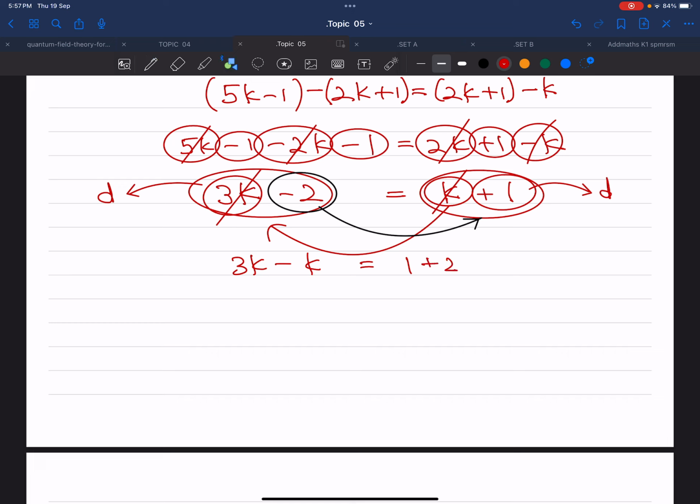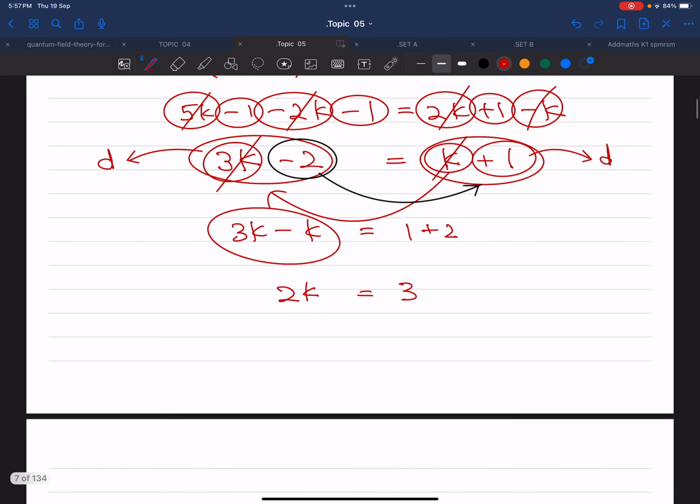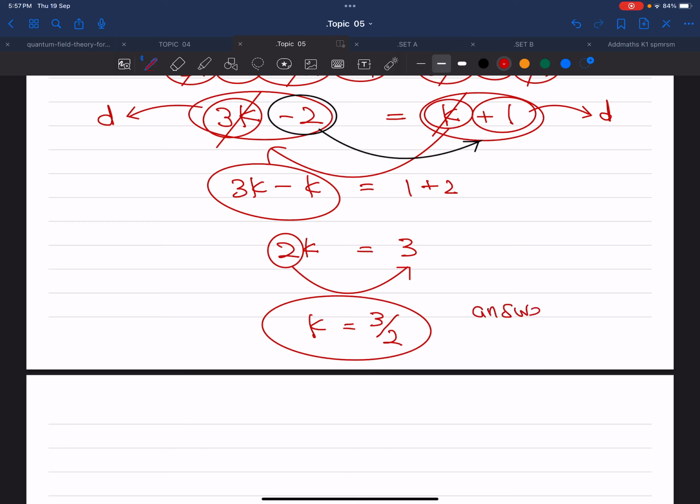Finally, 3K minus K is 2K equals 1 plus 2 is 3. So now, transfer the 2 to the right hand side. I will get K equals 3 over 2, which is our answer. So we have done the first part. Our answer, K is 3 over 2.